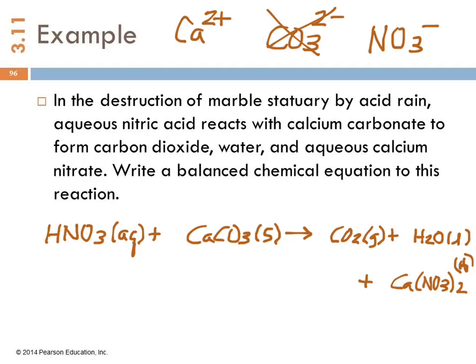Okay? It's still packaged together, and so we can balance them together. That's kind of a shortcut. If you want to balance them separately, go right ahead. So if we look at nitrate as a unit, there's 1 NO3 here, and over here there's 2 NO3s. So that tells us we need to put a 2 in front of the nitric acid.